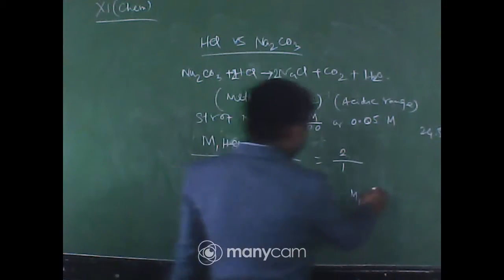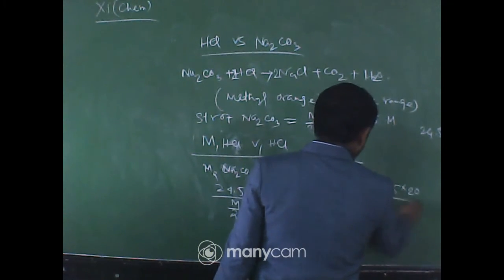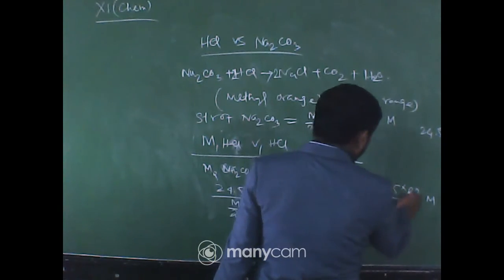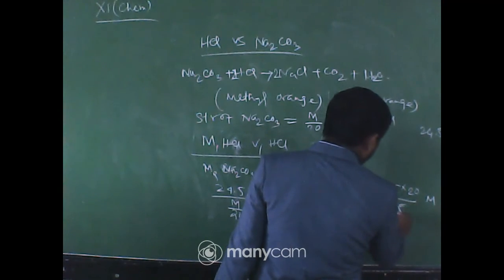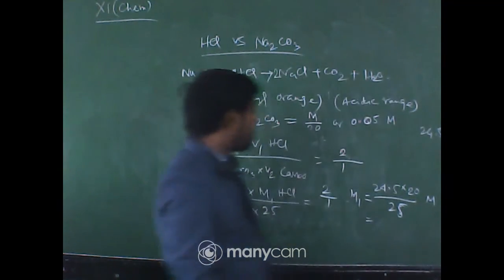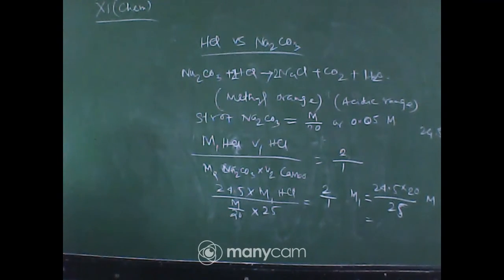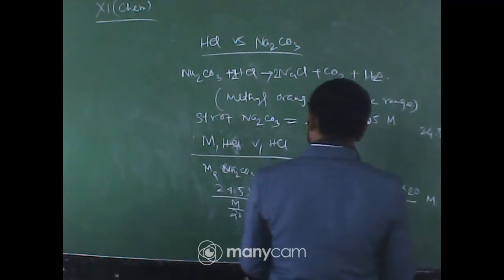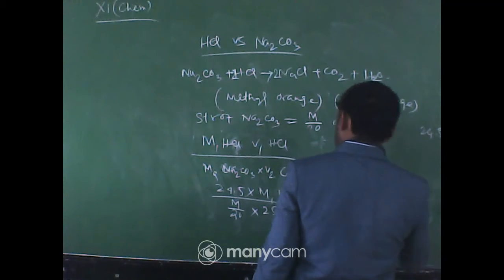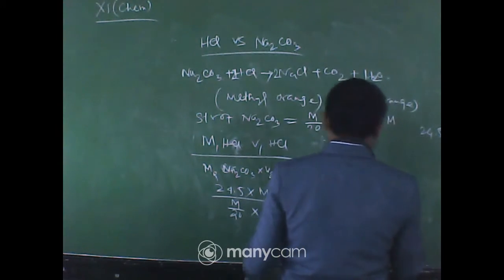So 1 by 20, that is 24.5 into 20 by 25, this M. Okay, so it is roughly equal to M1 equals 25 by 20 into 24.5.